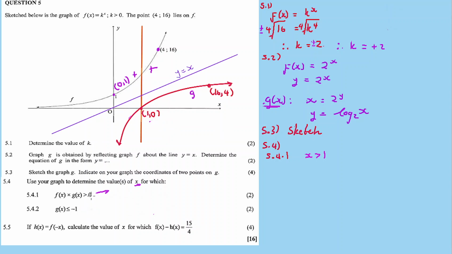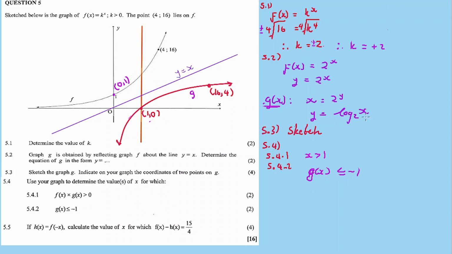So that is our solution for 5.4.1. We go to 5.4.2. We want the values of x for which g of x is less than or equal to -1. Here, g of x, not f of x, is less than or equal to -1.